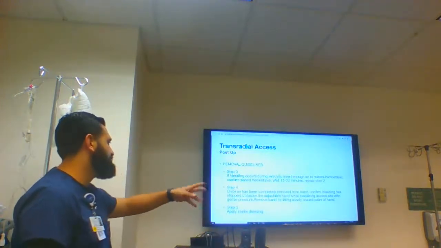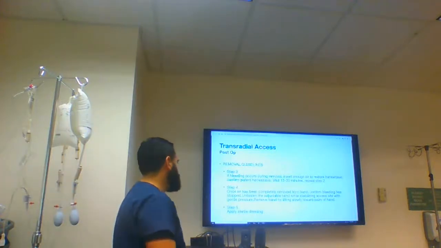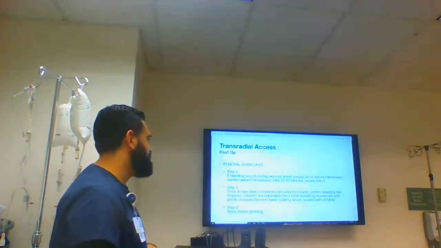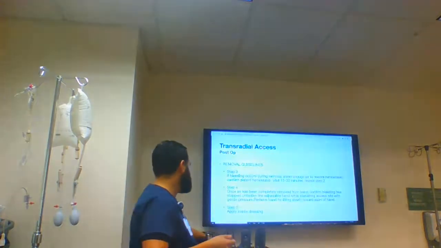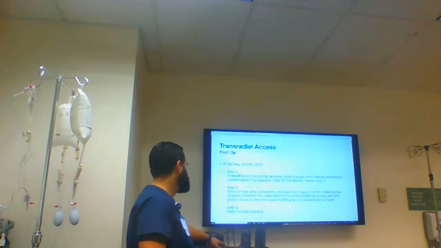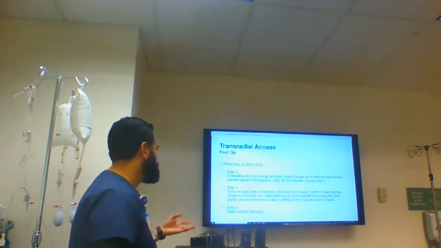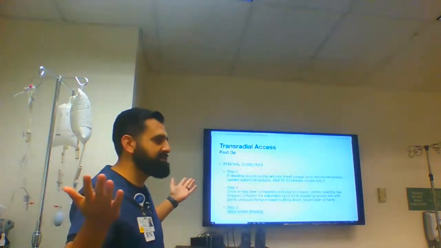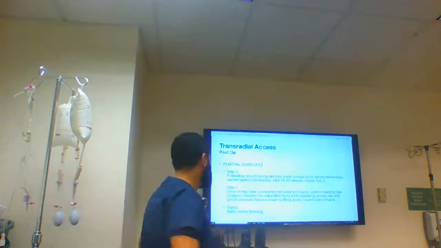So step 3, like I said, you insert enough air to restore hemostasis, then you wait 15 to 30 minutes and repeat step 2, which is remove 3 to 5 mLs every 10 to 15 minutes. We typically go a little bit lower. I'll do like 1 to 2. There's no rush. The patient's not going anywhere.